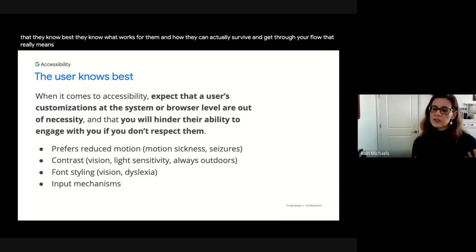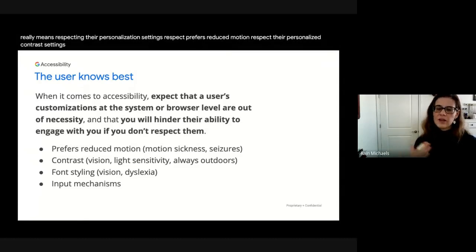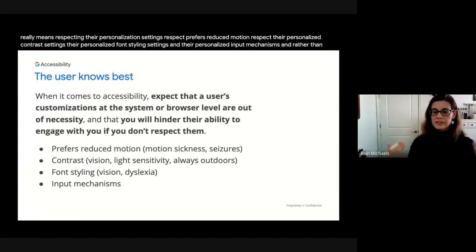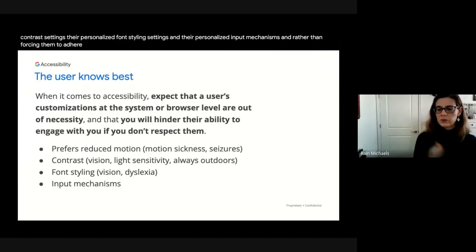That really means respecting their personalization settings. Respect prefers reduced motion, respect their personalized contrast settings, their personalized font styling settings, and their personalized input mechanisms, rather than forcing them to adhere to some kind of a design and input method that you have pre-configured.